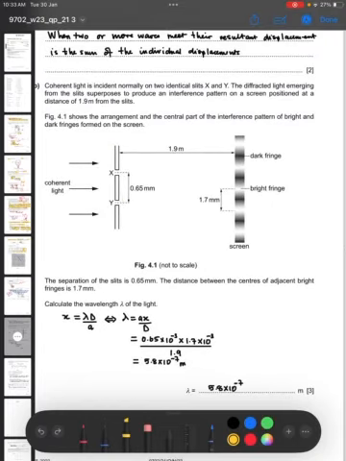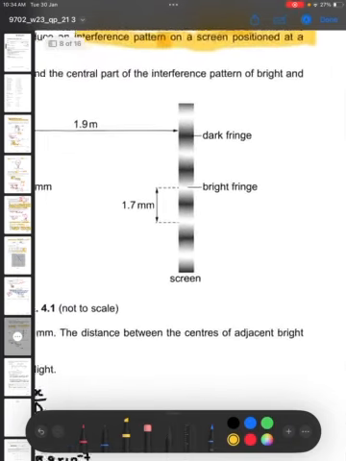So the diffracted light emerging from the slits superposes, meaning that this light meets and the resultant displacement will be equal to the sum of the individual displacements of the waves. And an interference pattern is on a screen positioned at a distance from the slits. So we have an interference fringe pattern being observed.